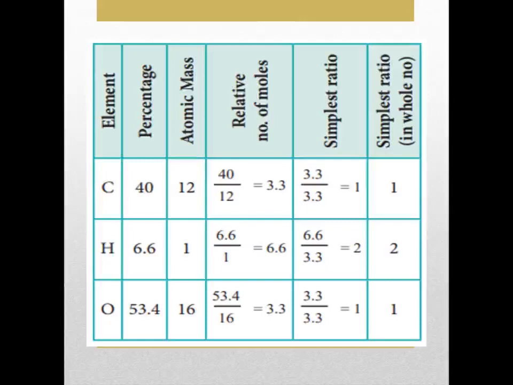The relative number of moles: 40 by 12 equals 3.3, 6.6 divided by 1 is 6.6, and 53.4 divided by 16 is 3.3. Now you do the simplest ratio. The answer comes 1, 2, 1. Now, the empirical formula is CH2O.